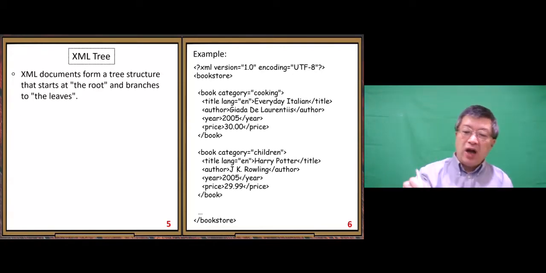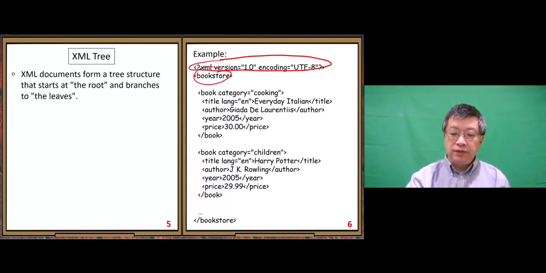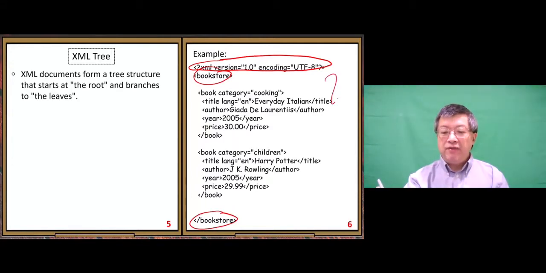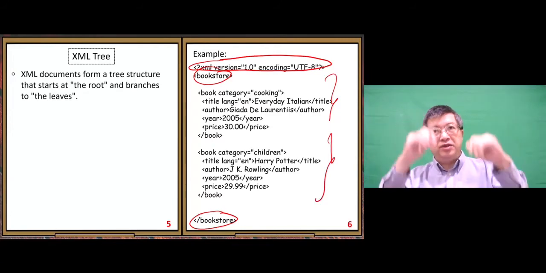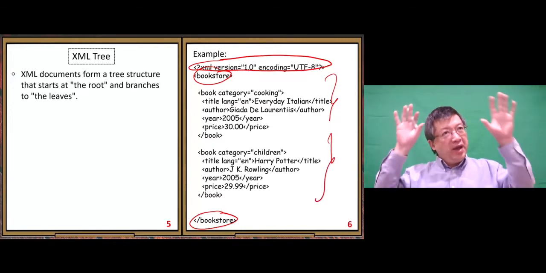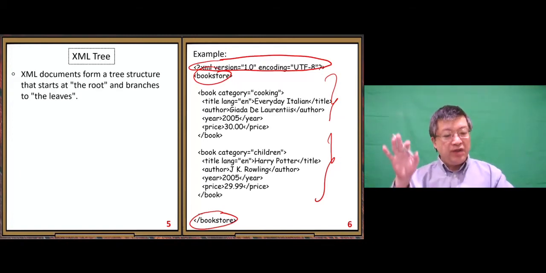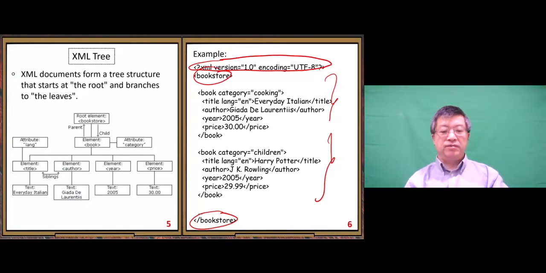So other than the first line, the optional prologue, then the remaining part. First, you have a root element. Inside this root element, you can have many different levels of nested elements. If you draw a diagram representing these element structures, you get something like this.